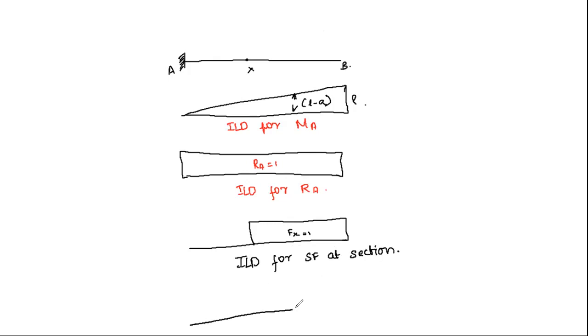When we consider bending moment, the governing equation is A minus X. This is the ILD for bending moment at a section. So these are the values and shapes we have to remember. Now let's move on to the sum using influence line diagram.